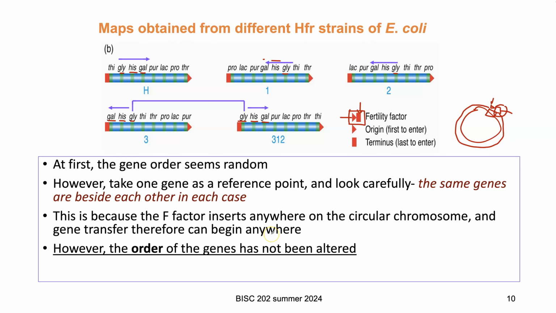So notice a couple of main points here is, first of all, that symbol, because if you're given an image and asked which the first and last genes will be to be transferred, it's important for you to know which is which. And also just that these genes don't change their position or location or distance apart from one strain of E. coli to another, but the different strains just have that F factor in a different location.